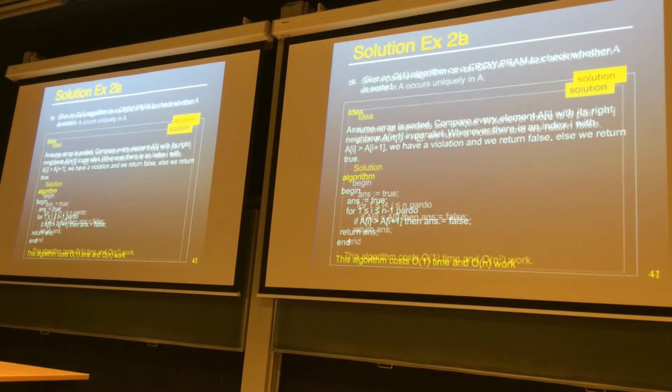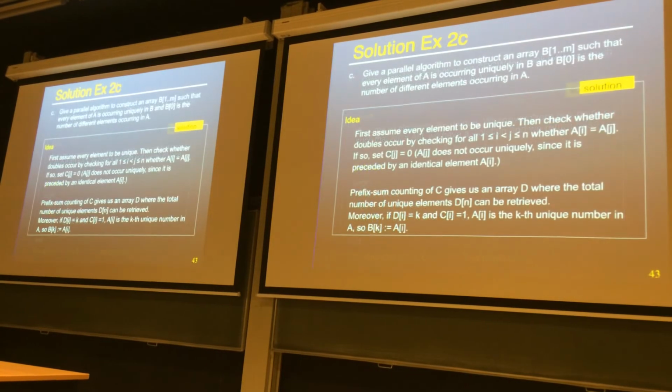Exactly. So here, your solution is, suppose first take the same idea here, assume every element to be unique. Then check whether doubles occur by taking this loop for i unequal to j between 1 and n. And if so, set Cj to 0 for the larger element. So every time there is a predecessor that's already in the array, indicate that this is not a unique element.